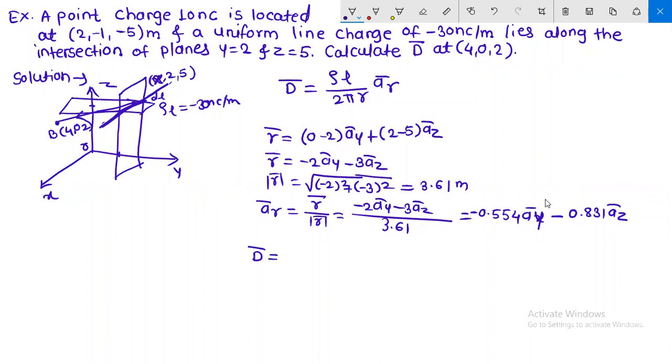So D bar is equal to rho L, minus 30 nanocoulomb, divided by 2 pi R, 3.61, into the unit vector.